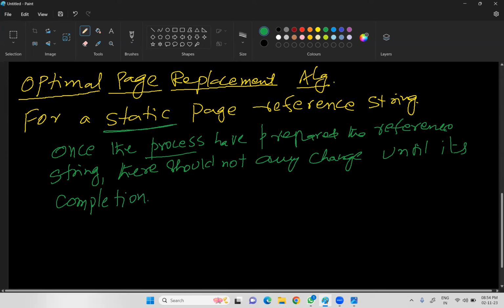Until process completion, you are not supposed to change anymore. Such a thing will be called a static page reference string here.